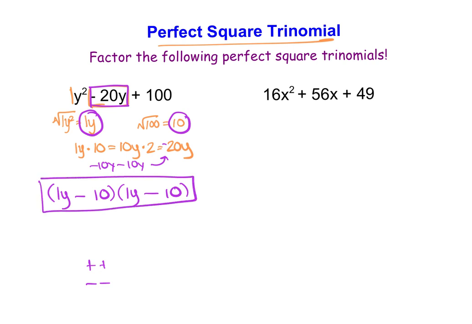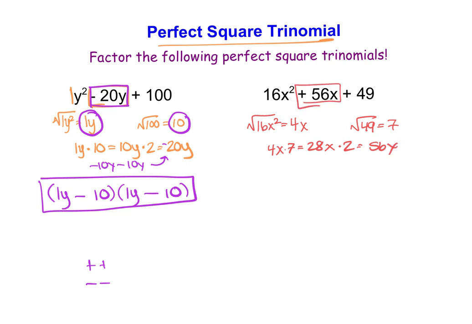Now let's take a look at my second example over here. Again, we start off by double checking, okay, 16x squared. If I square root that, square root of 16 is 4, square root of x squared is x. If I square root 49, I get 7. So now I can take 4x times 7, which is 28x, and then I can multiply that by 2, and that gives me 56x, which matches my middle term here.